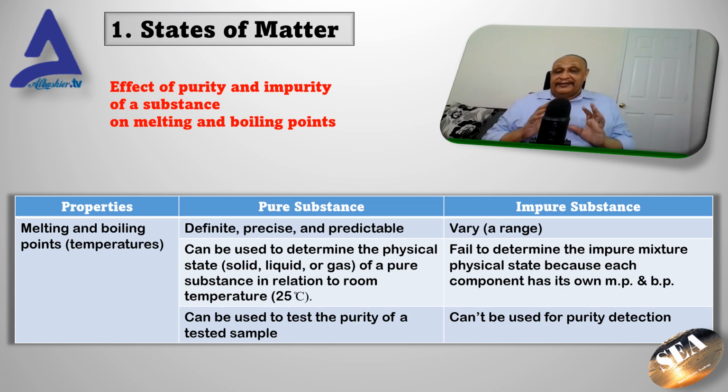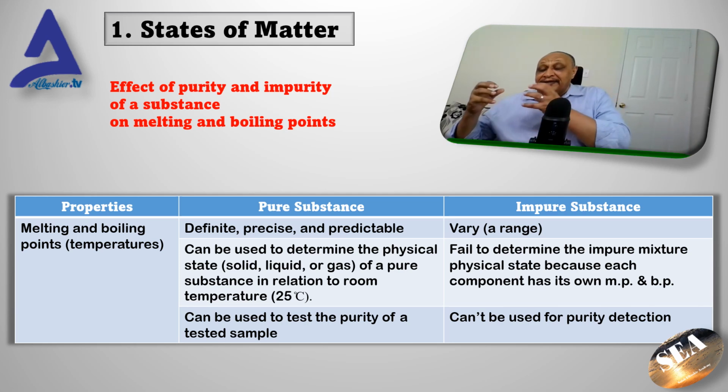I'm going to follow that. Follow what? I'm going to heat this substance. The concept is to heat this substance. So if it melts below 25 degrees Celsius and boils above 25 degrees Celsius, that means the tested substance, the substance under investigation, is liquid at room temperature, 25 degrees Celsius.